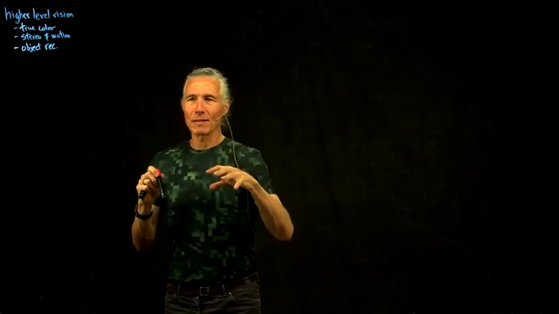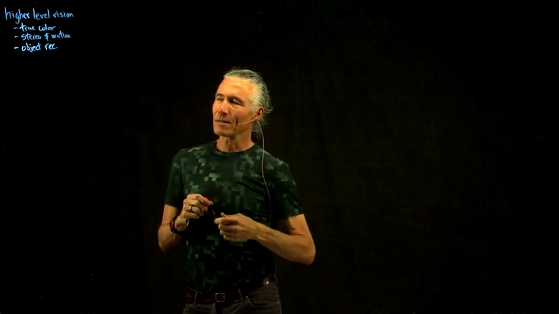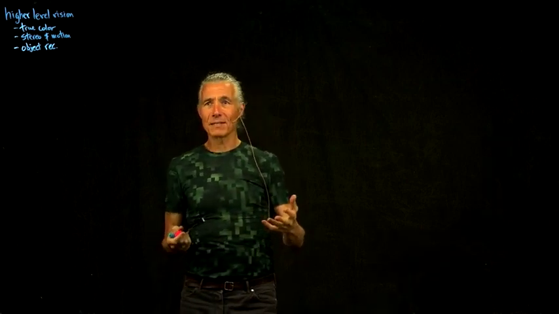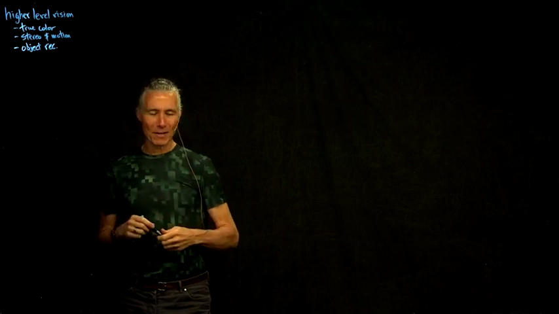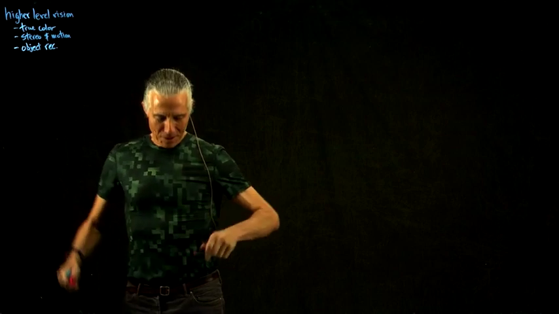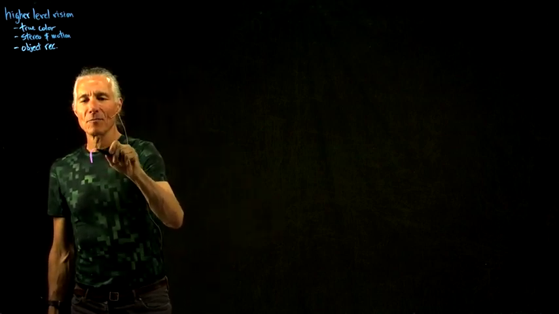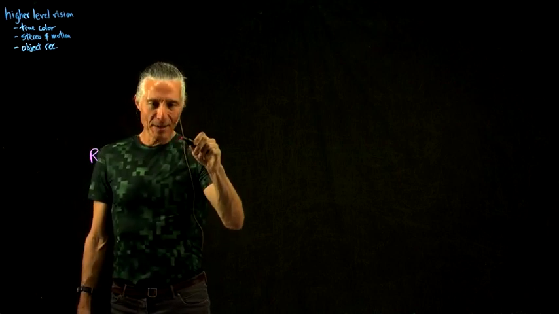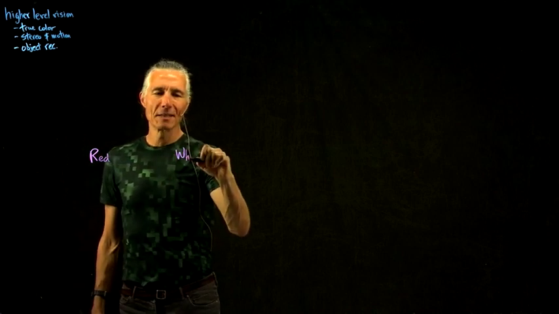So if you go into a dark room and there are projectors projecting different colored light onto colored patches, and you look at the patches, it's amazing how you can completely change the apparent color of a patch. But the simplest setup, which you can do at home, is to take a red light, just any kind of red light, and a white light.